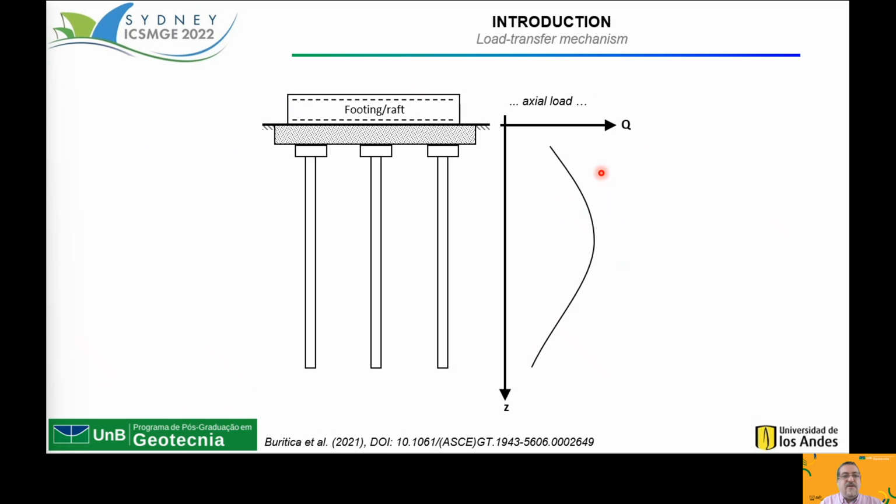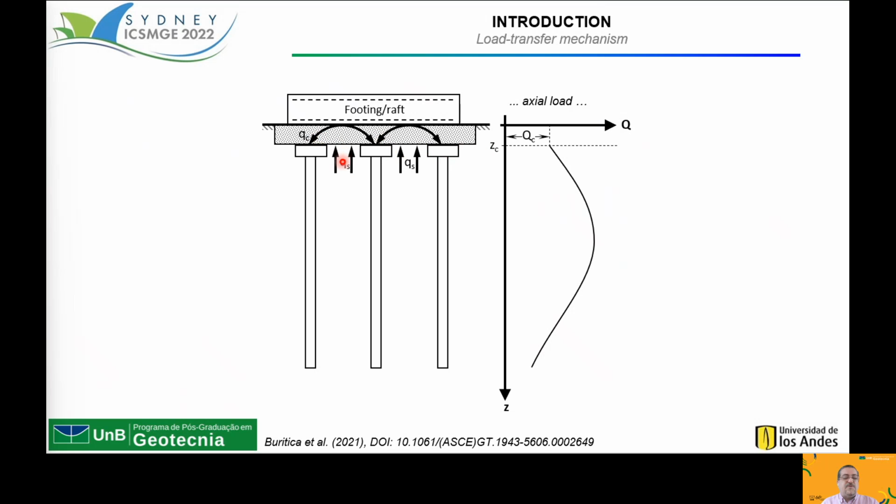The load transfer mechanism of rigid inclusions is very complex. The footing or the rigid slab transfers the structural load of the building to a load transfer platform, and this load transfer platform transmits the load to the inclusion caps.